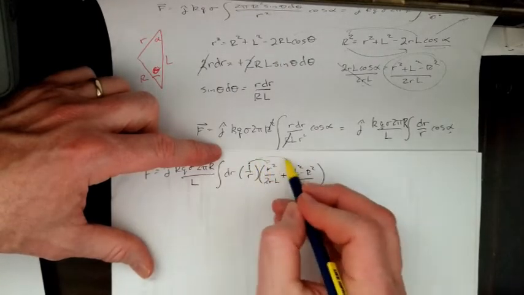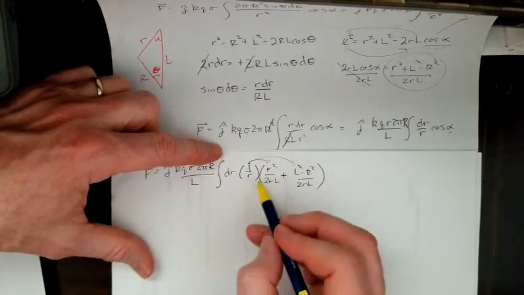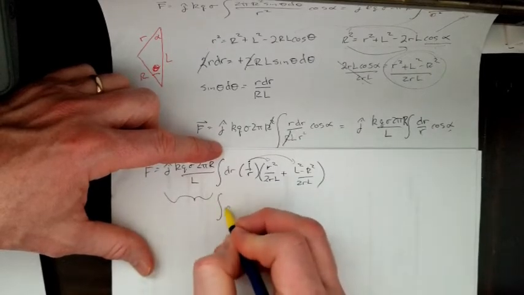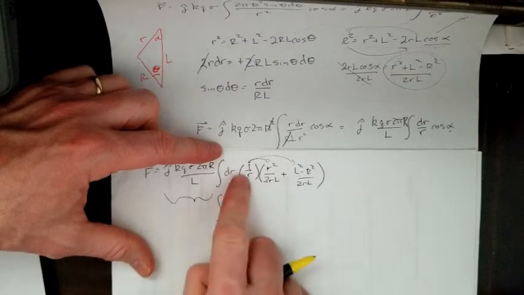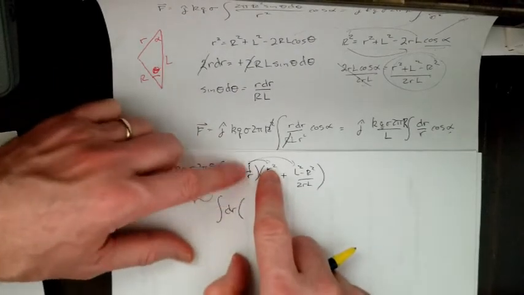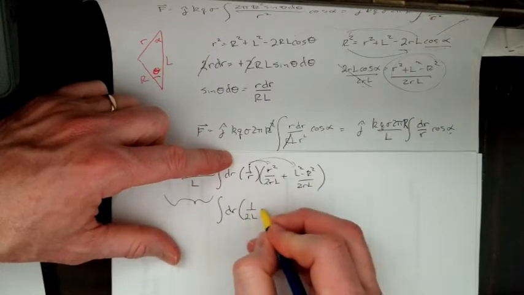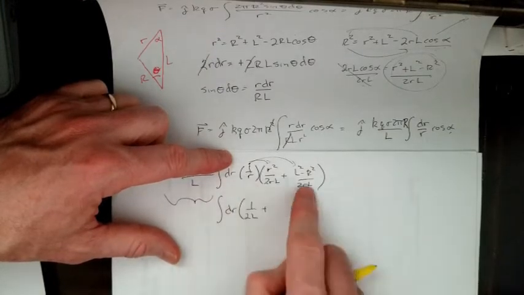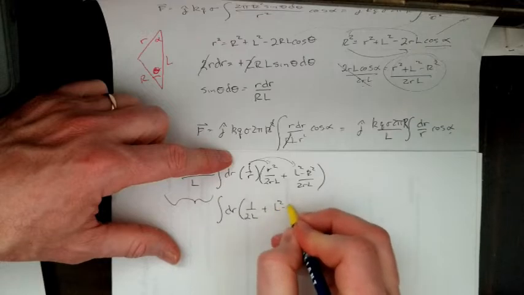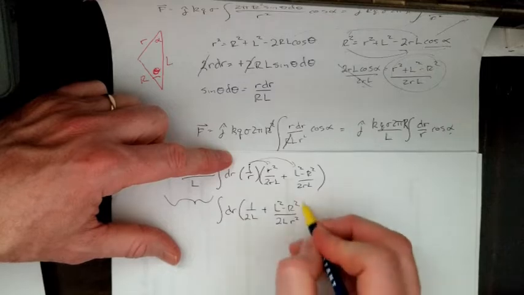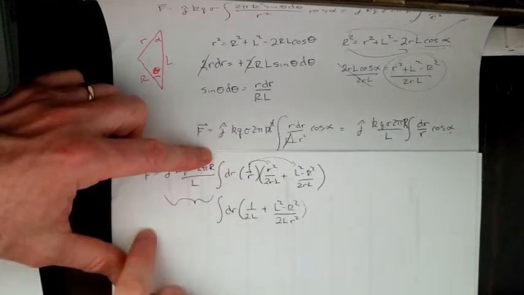When I distribute the 1 over r now, we end up with this coefficient times the integral of dr times, well, the r here and the r here will cancel out with that r when I distribute, so I'm left with 1 over 2L plus, and then over here I end up with L squared minus big R squared over 2L little r squared. Notice I have a 1 over 2L here. I'm going to factor that out.